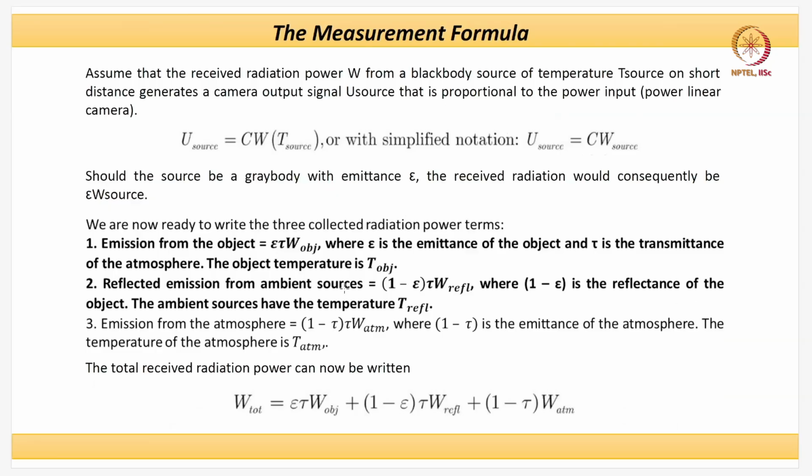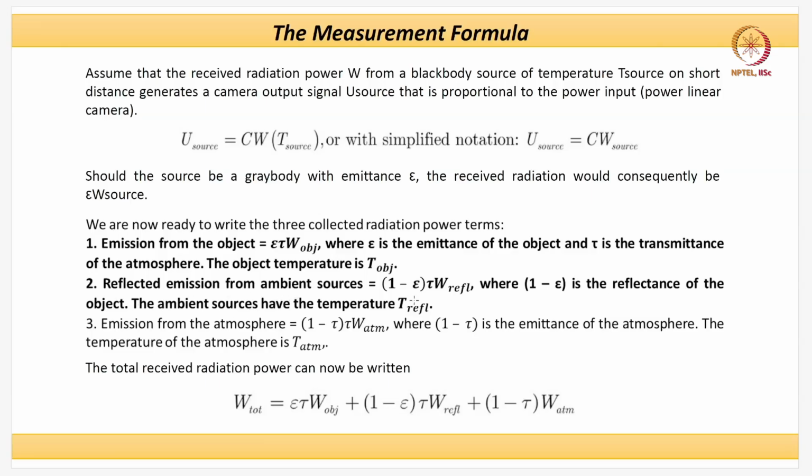Then, of course, there is reflected emission from ambient sources. Whatever is reflected, a part of it which is not emitted, when it passes through the atmosphere, is given by this. Therefore, 1 minus epsilon is the reflectance of the object.